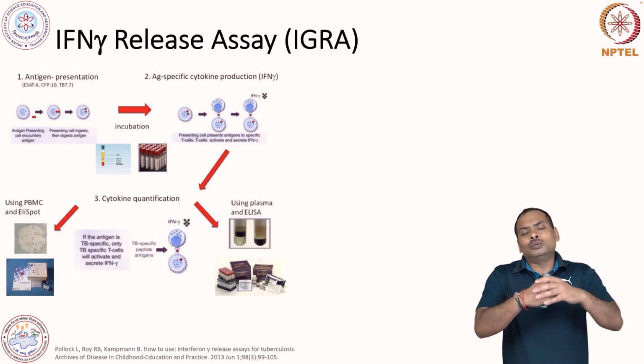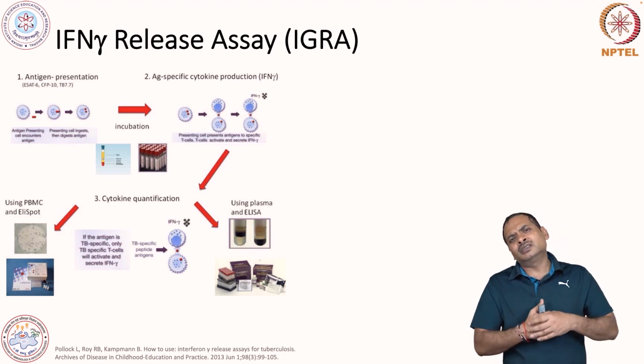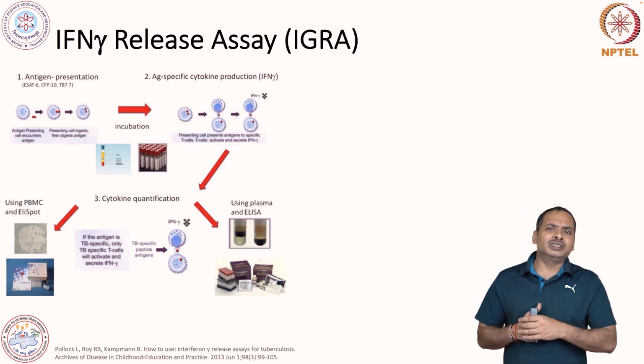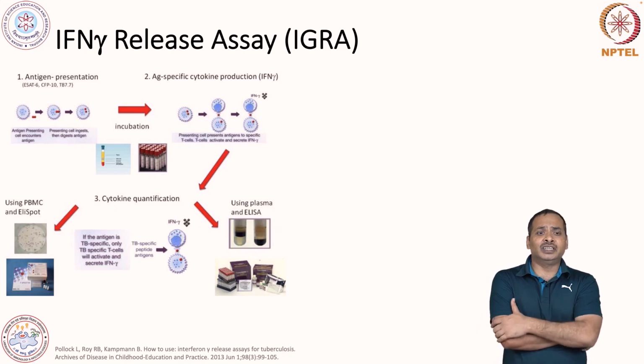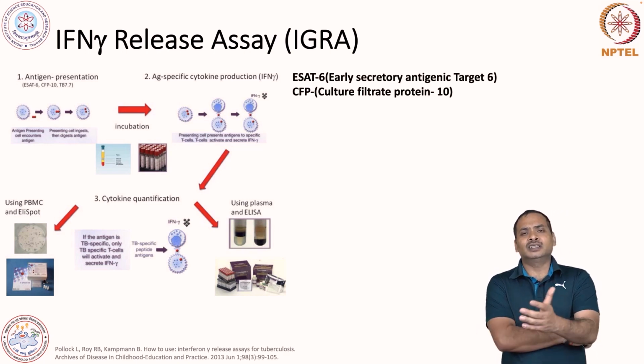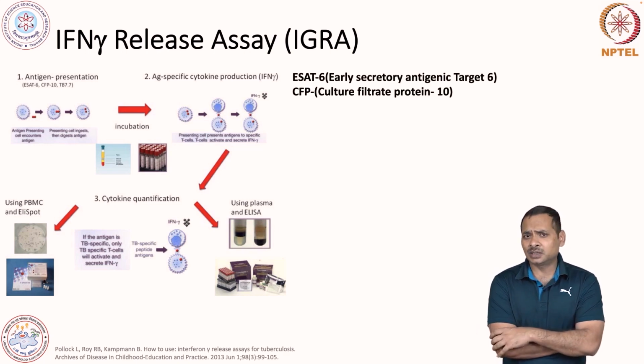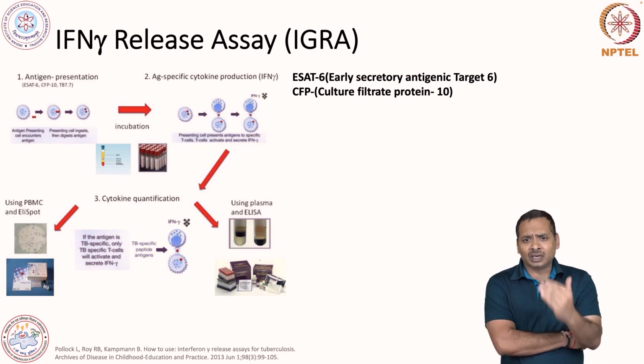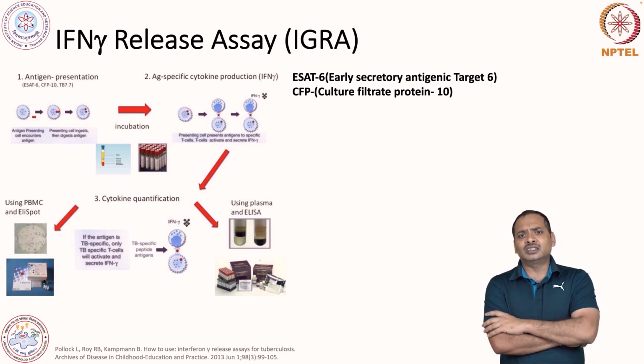So we can test this interferon gamma production by using some specific antigens. Here you can see there is ESAT-6 antigen from Mycobacterium tuberculosis, the early secretory antigen target 6.